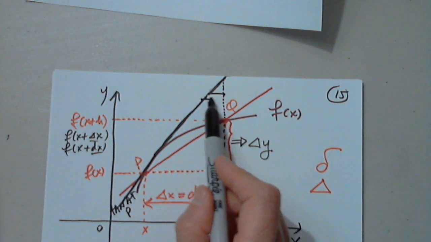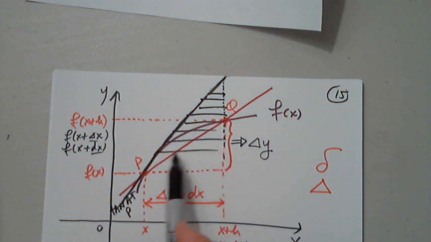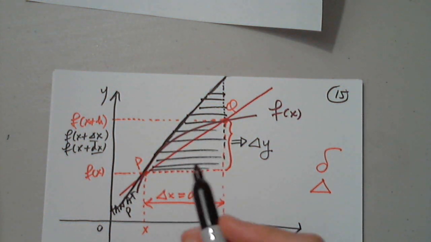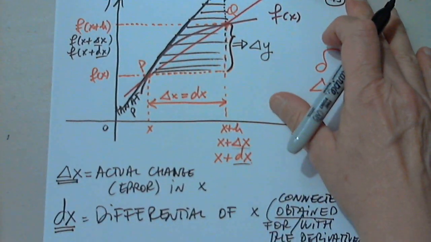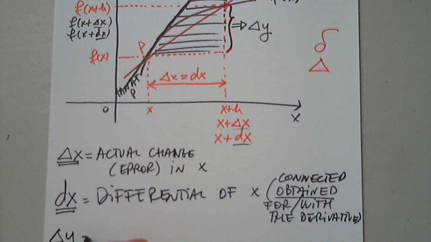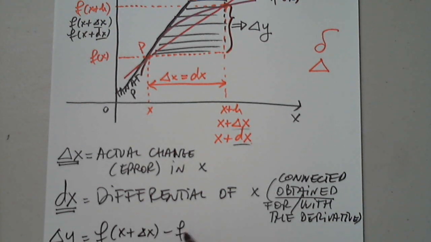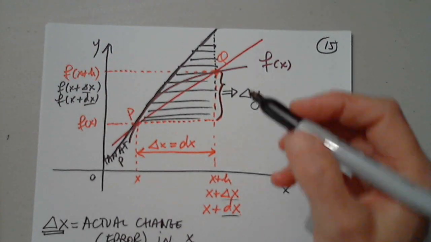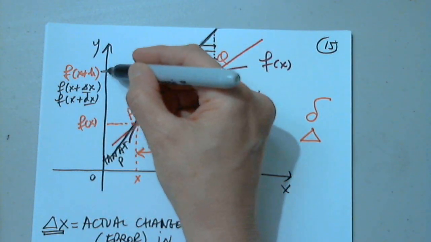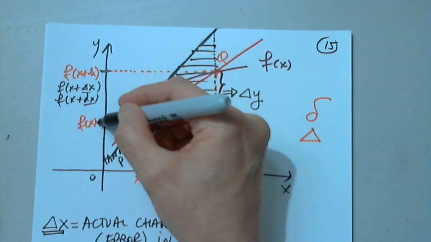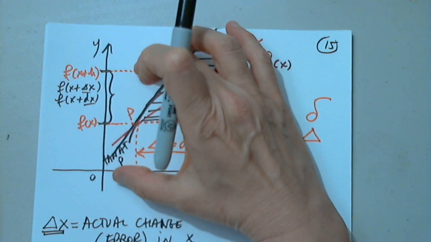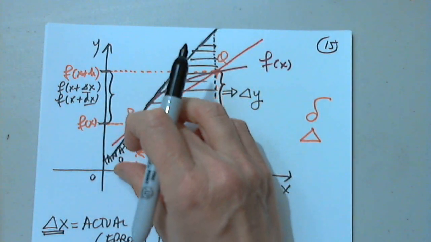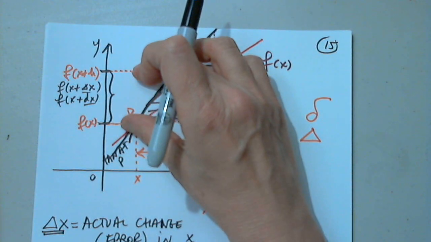And now I'm looking at a triangle. So this is the distance delta y. I didn't write it. Let me write delta y. Delta y is f of x plus delta x minus f of x. How come? Yes, it's this, which is f of x plus delta x, minus this piece. F of x plus delta x minus f of x gives us delta y.